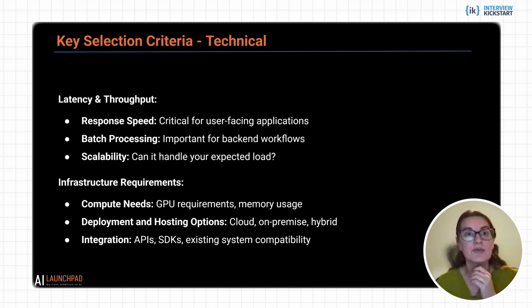So speed and response time really matter in these critical use cases. Or for example, if you are doing batch processing, like language translation, where you have documents that you need to translate from English to another language, this doesn't have to be real time, and you could just run these in batch mode. So there's a difference.